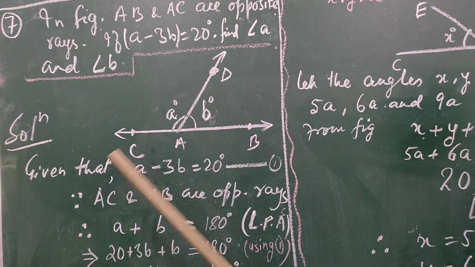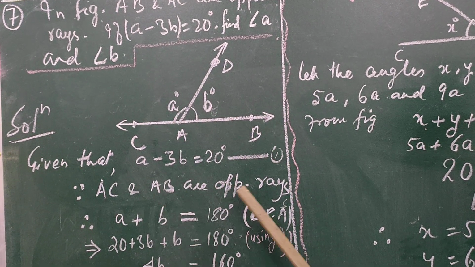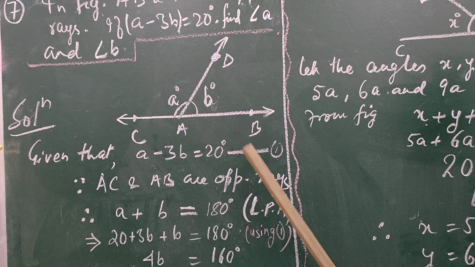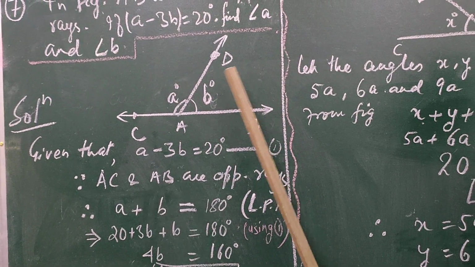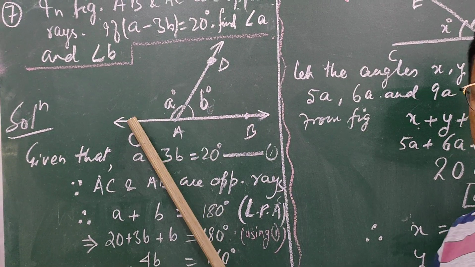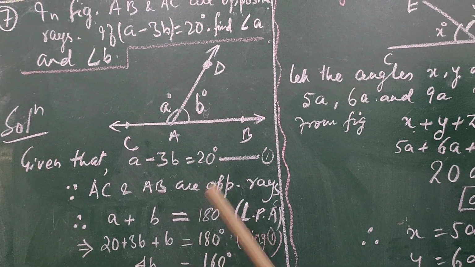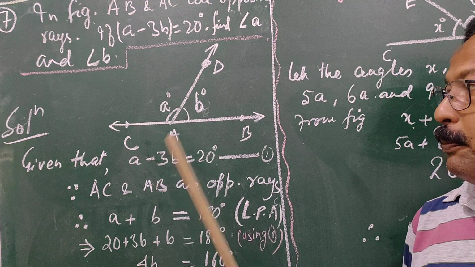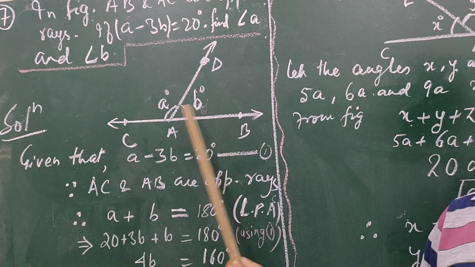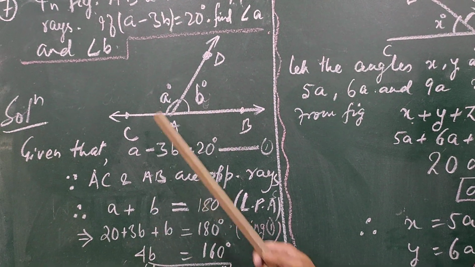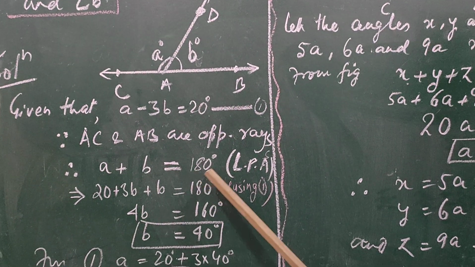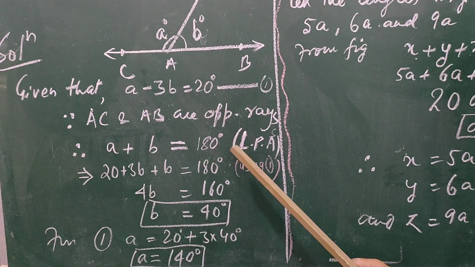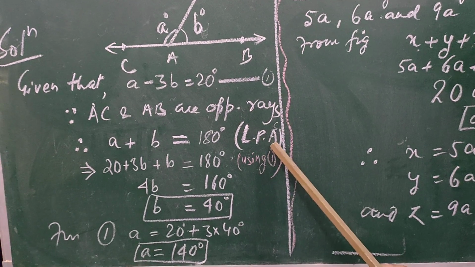Since AC and AB are opposite rays, when two adjacent angles are formed on opposite rays, they form a linear pair of angles. That's why A plus B equals 180 degrees, linear pair of angles.